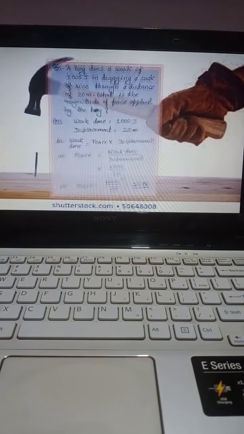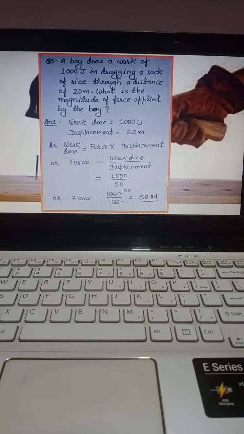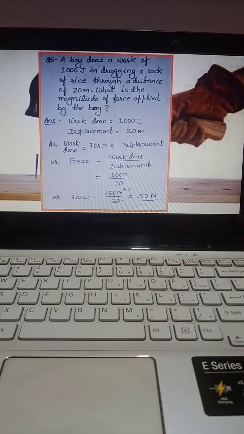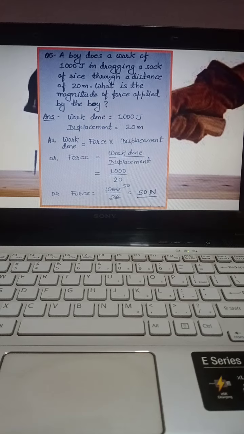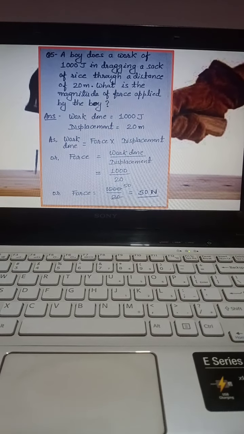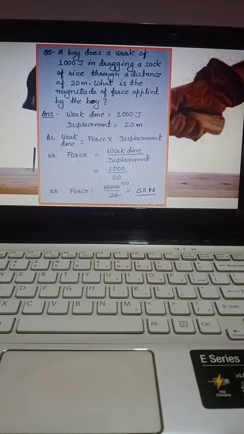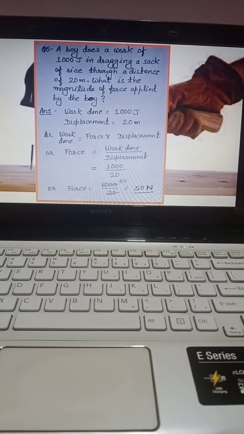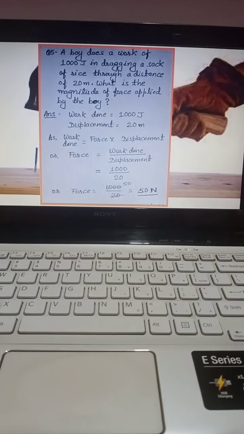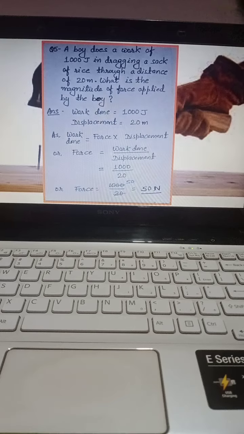And then the next numerical: a boy does a work of 1000 joule in dragging a sack of rice through a distance of 20 meter. What is the magnitude of force applied by the boy? So in this numerical, we have to find out force. Work done is given, displacement is given.